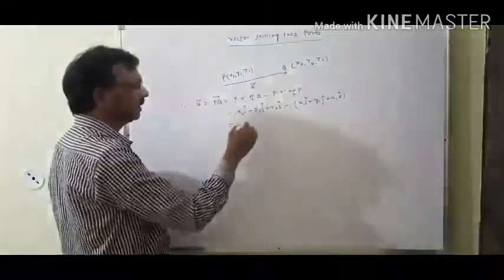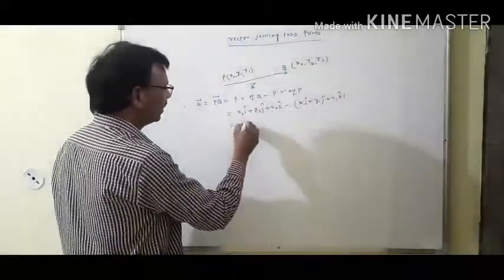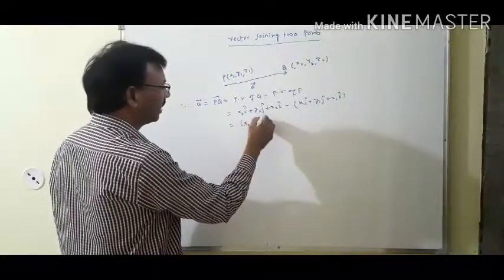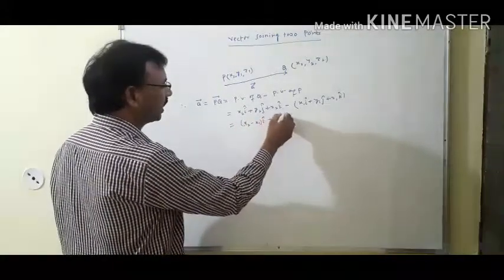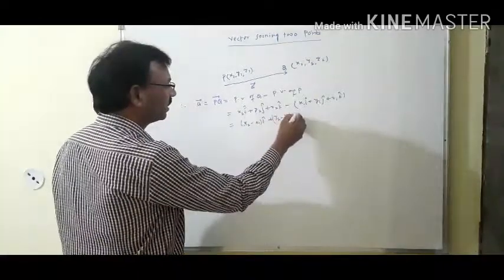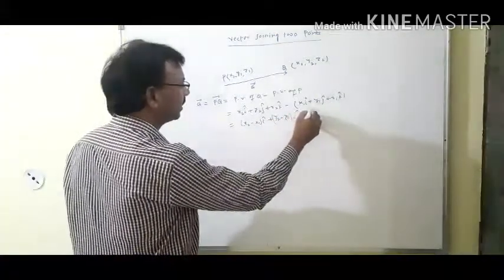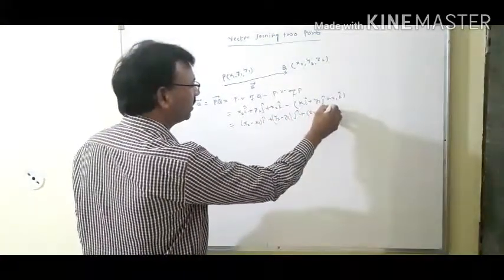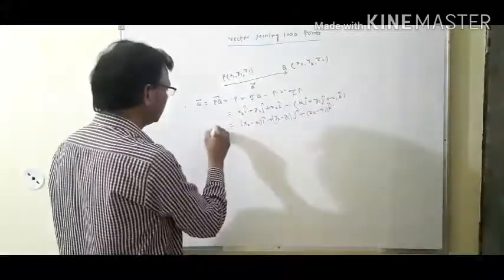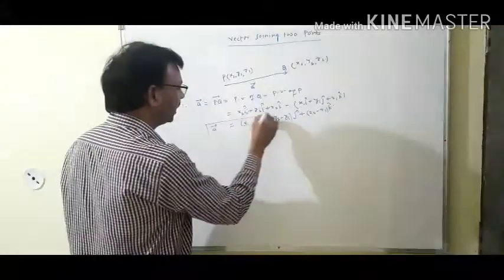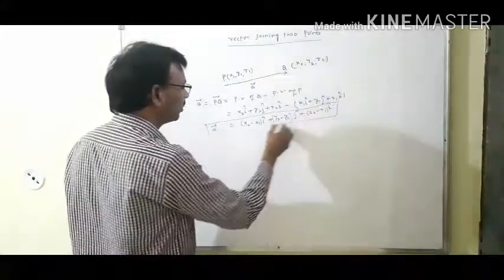If you simplify it, we can write (x2 minus x1) i cap plus (y2 minus y1) j cap plus (z2 minus z1) k cap. This is the vector joining two points.